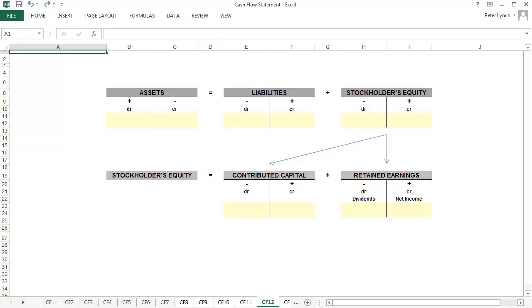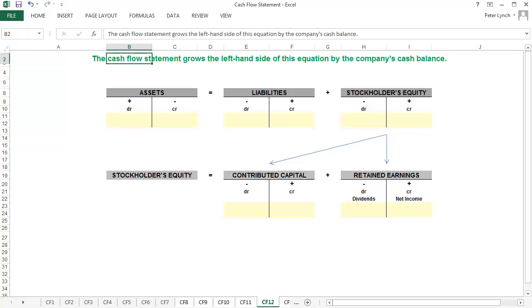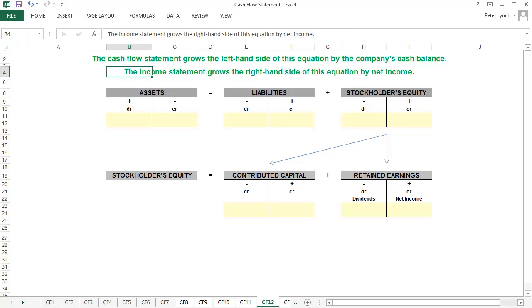If the cash flow statement grows the left-hand side of this equation, or assets, by the company's cash balance, and the income statement grows the right-hand side of this equation, or stockholders' equity, by net income, then the cash flow statement, which starts with net income, is making adjustments so that this equation holds true.